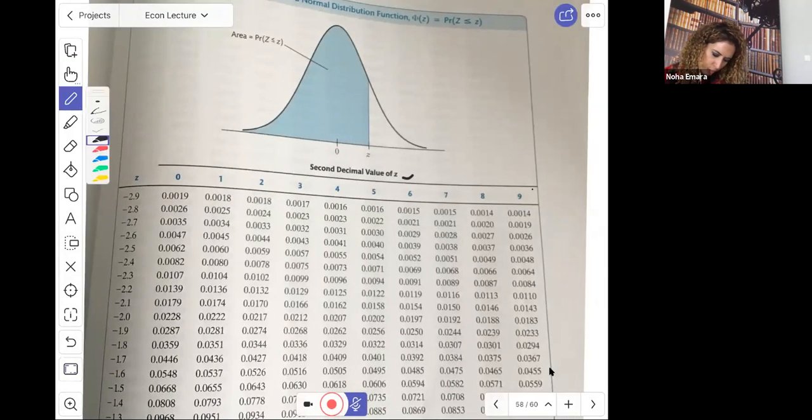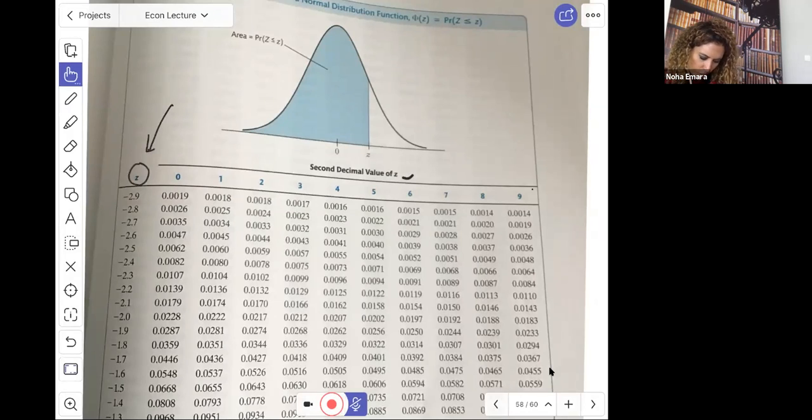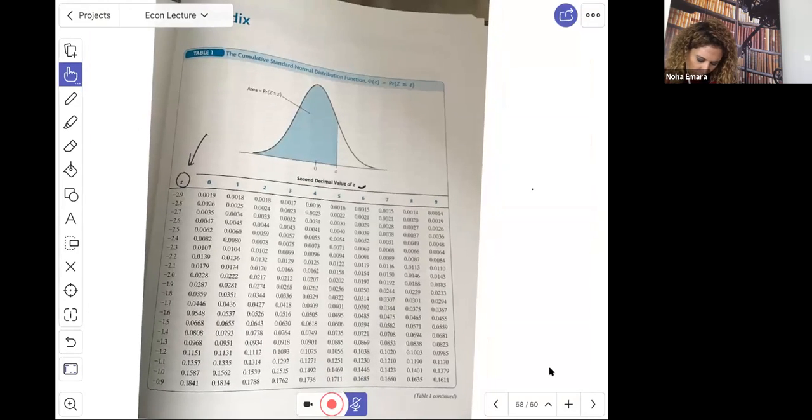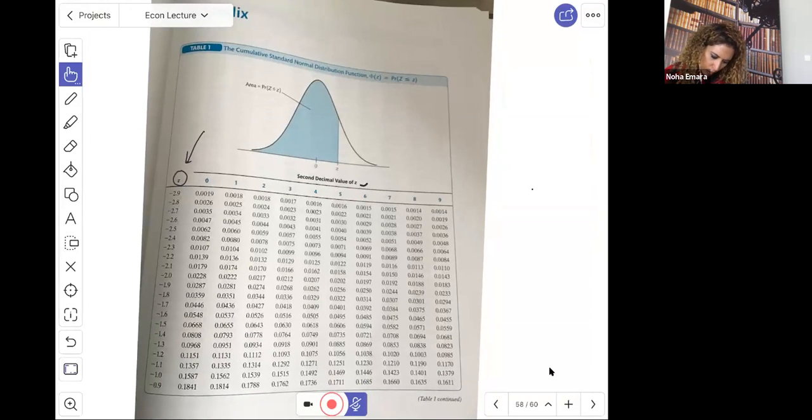I have it in your textbook, okay? So you look here, you see the Z. I need to look at the value, which is negative 0.84. I don't have it here, right? So it's on the next page. It ends, as you can see, with negative 0.9.